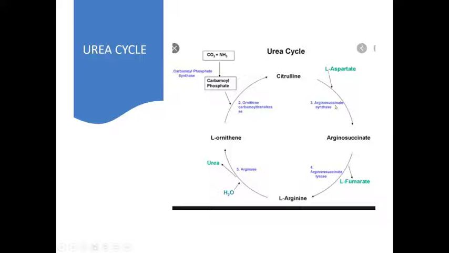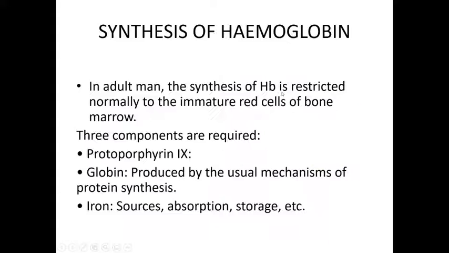Another compound is also involved in this step, that is L-aspartate. This argininosuccinate will be converted into L-arginine with the help of the enzyme argininosuccinate lyase, and here L-fumarate is liberated. Now the arginine is converted into L-ornithine in the presence of the enzyme arginase, and here the urea is liberated. This urea is a non-toxic substance and is easily excreted from the body through the urine. So this is how the urea cycle works.